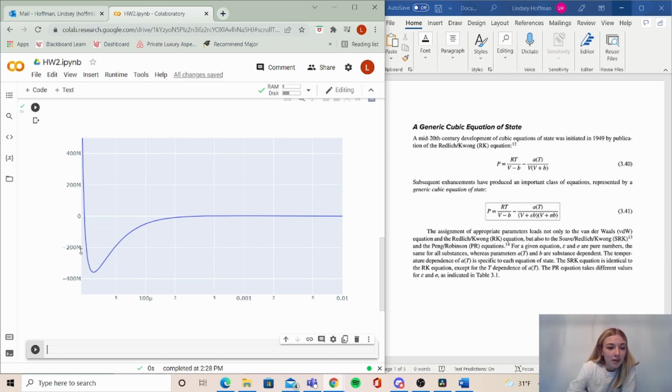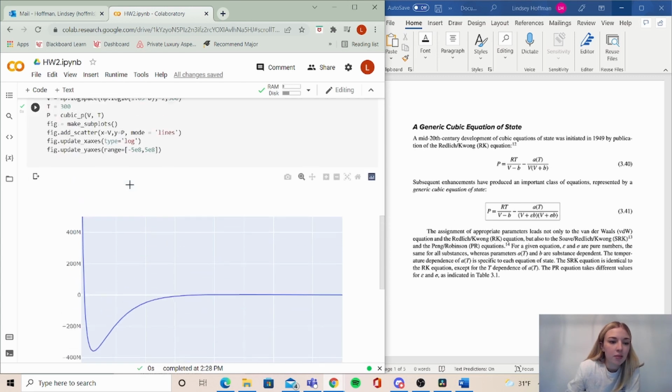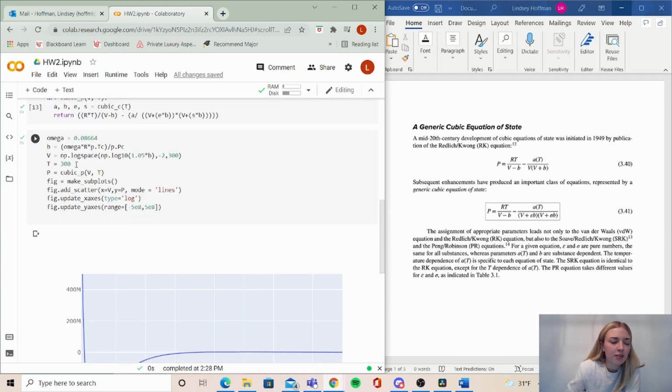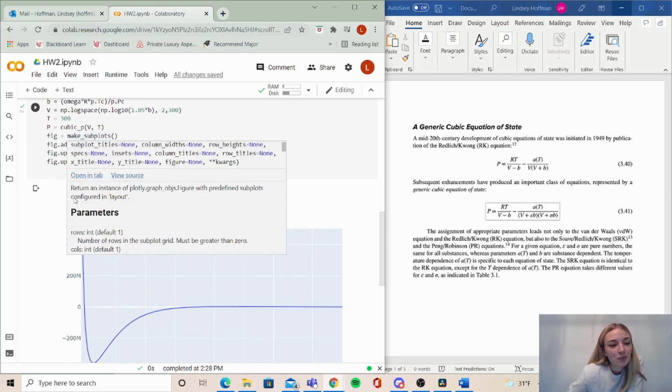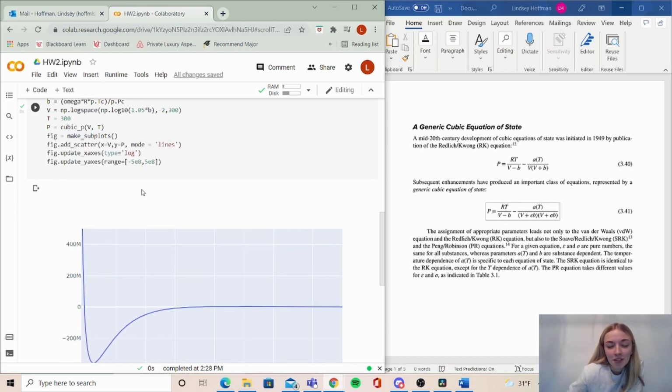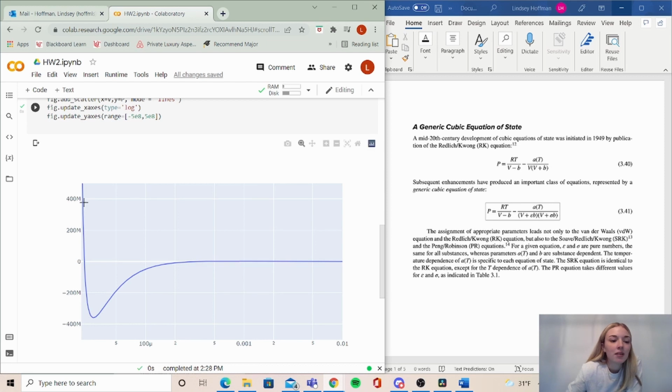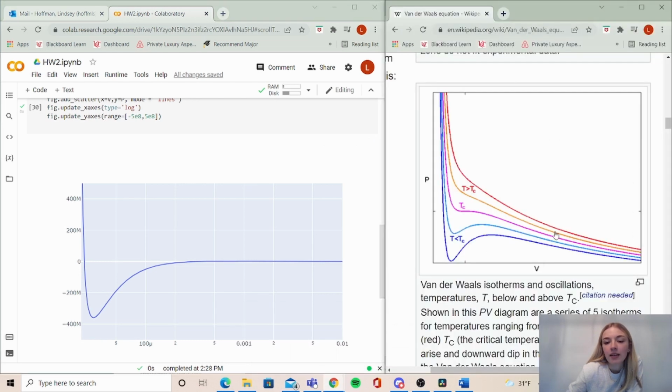Now that we have our isotherm curve here, this is just for our temperature at 300 Kelvin. We have one thing left to do, almost done. Since this curve is just for 300 Kelvin, we want to make multiple different isotherm curves, just like in our photo over here, where there are multiple curves at different temperatures.